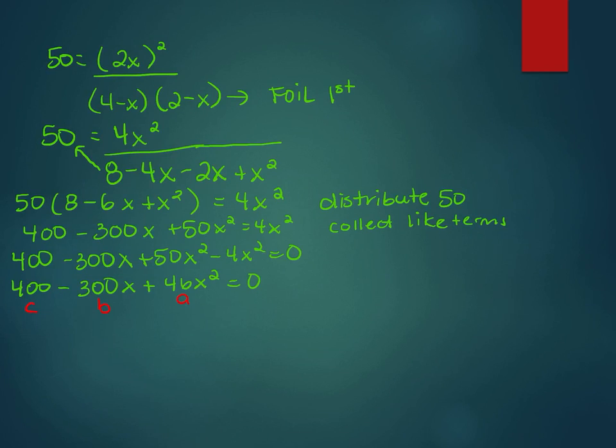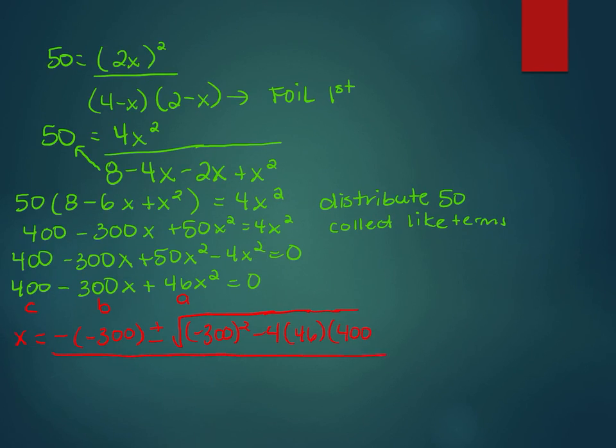And so you can decide how much work you need to show for the quadratic formula. If you have a calculator that does the quadratic formula for you, that's totally fine. You can use that. That is not an expectation of this course. Okay, so negative b, so that's going to make a positive 300, plus or minus the square root of negative 300 squared minus 4 times the a value, 46, times c.